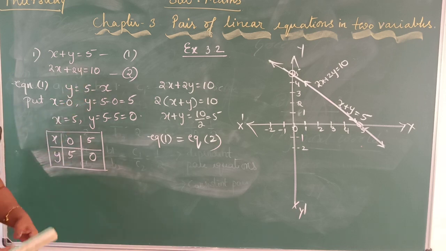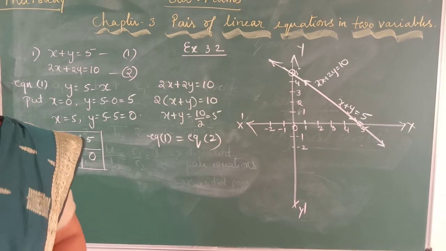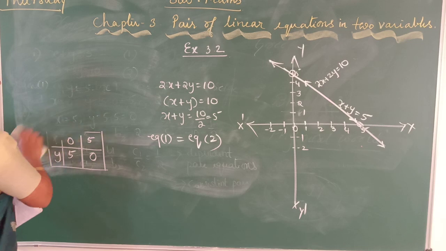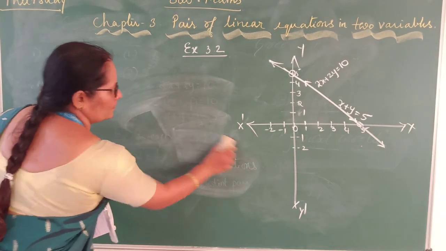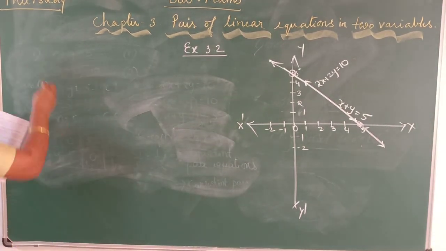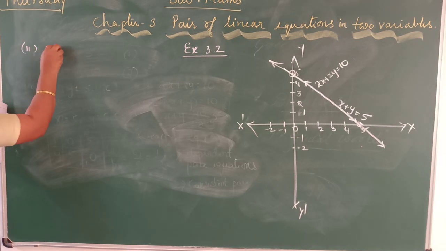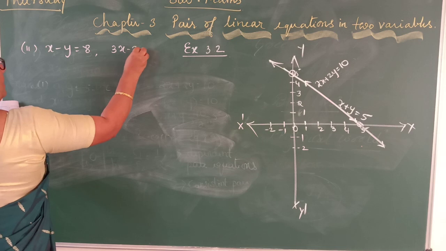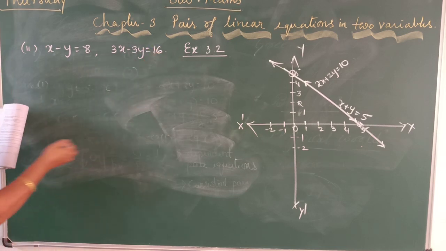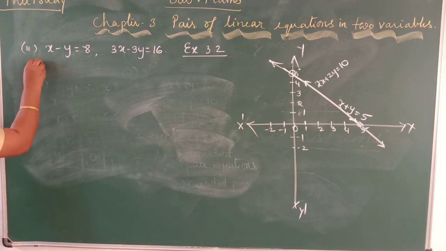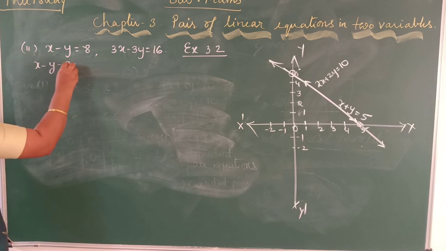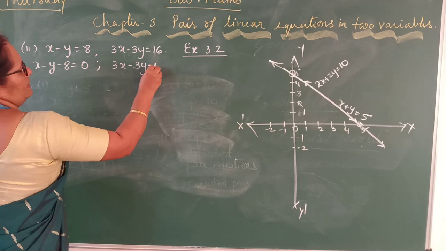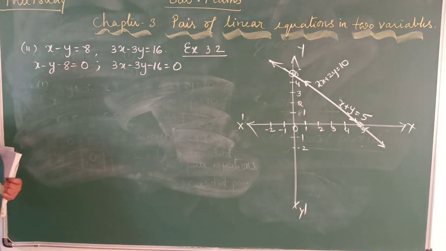Okay. Now, the second one. The second one is x minus y equals 8 and 3x minus 3y equals 16. Now, x minus y minus 8 equals 0 and 3x minus 3y minus 16 equals 0.